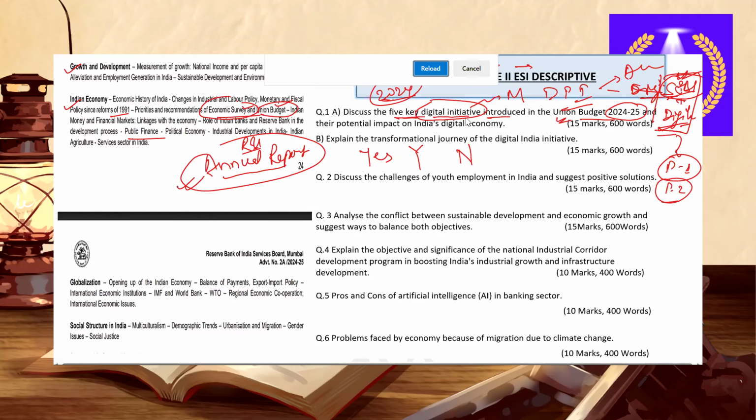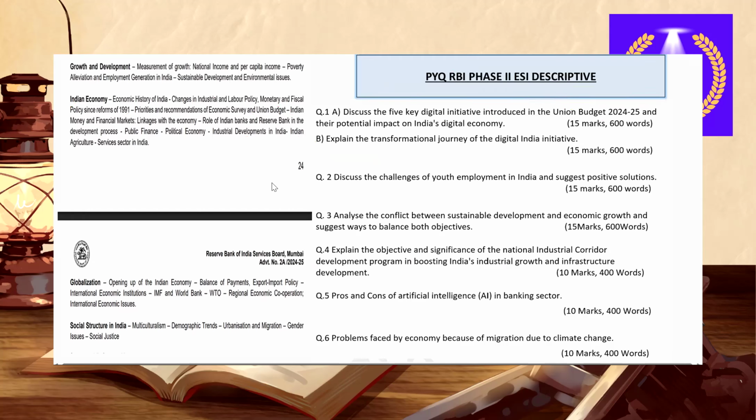Coming to the next question, you can see over here. Explain the transformational journey of the Digital India initiative.